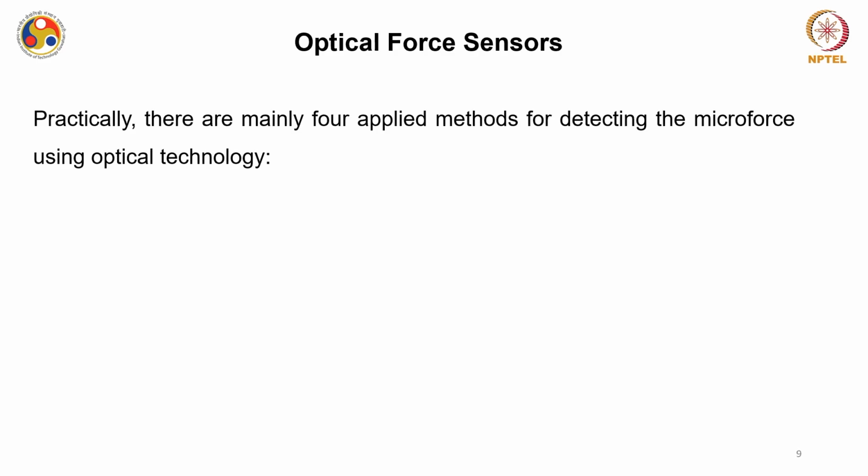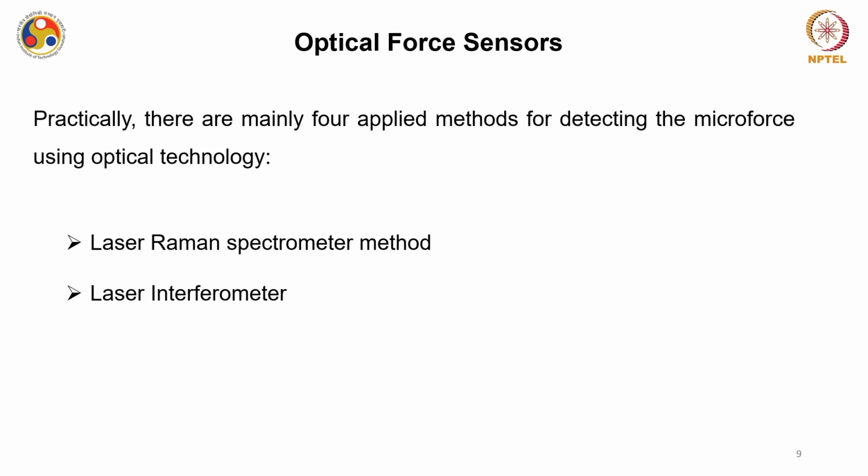Practically, there are mainly 4 applied methods for detecting microforce using optical technology. The first one is the laser Raman spectrometer method. Then we have interferometers based on lasers. Then atomic force microscopy is a perfect example of measuring force cleverly with a light source, where light has a little role, but that is very, very crucial.